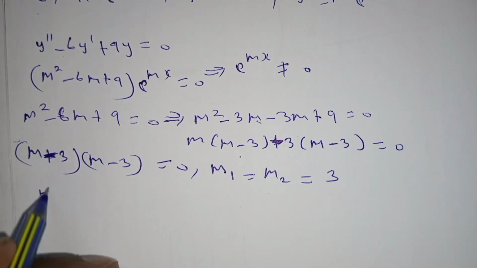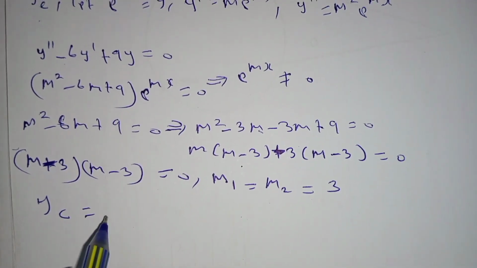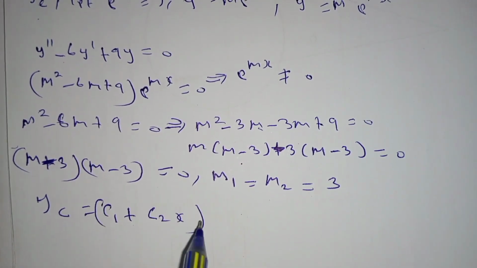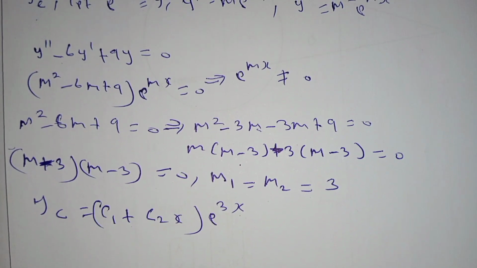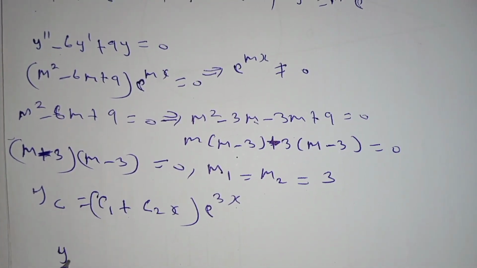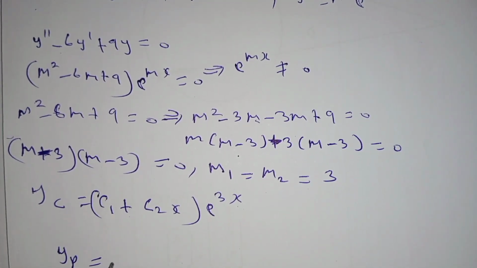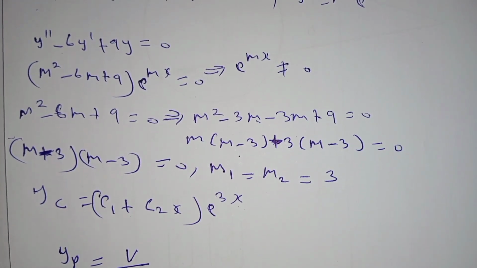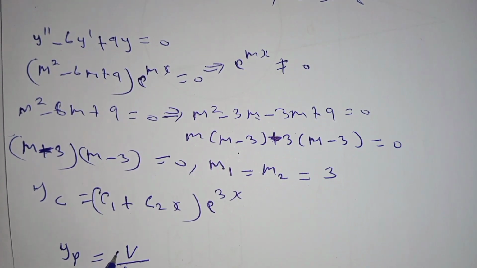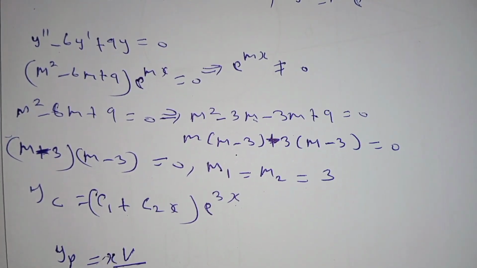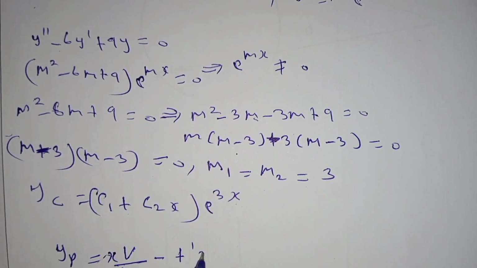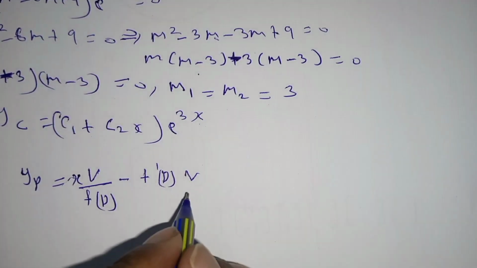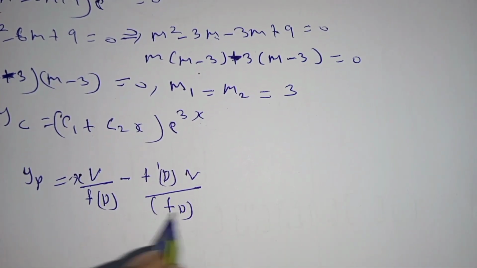Meaning that our y complementary is equal to c1 plus c2x exponential 3x. Now, to obtain our y particular, we use this general formula: x v of f of d minus f prime of d v, divided by f of d squared.